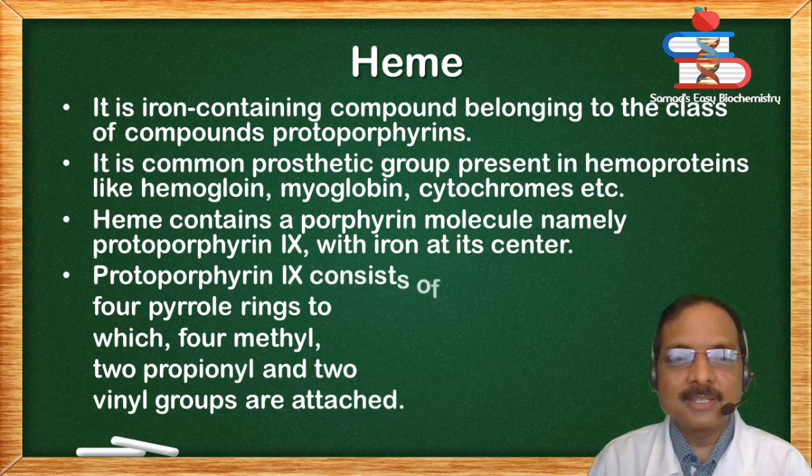Protoporphyrin 9 consists of 4 pyrrole rings, to which 4 methyl, 2 propionyl and 2 vinyl groups are attached.